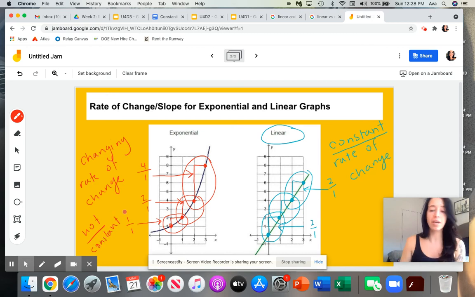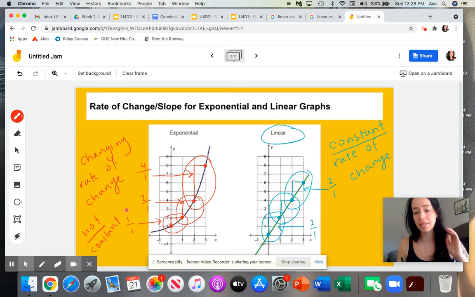How we can tie that to the beginning of this lesson is, when I start here with a slope of 1, my slope is not very steep. As I go up the curve, the slope goes from 1 to 2, gets a little steeper. Then it goes from 2 to 4, gets even steeper.